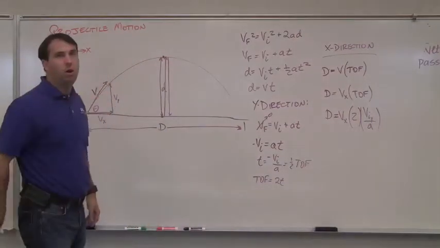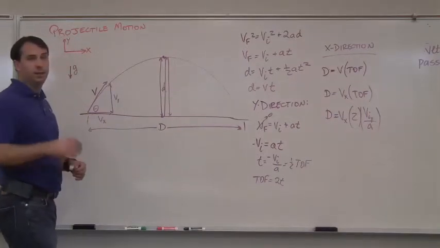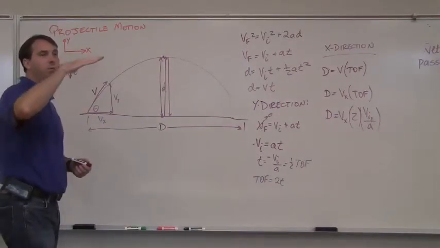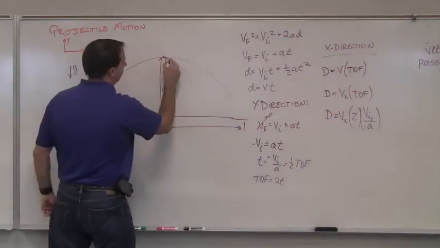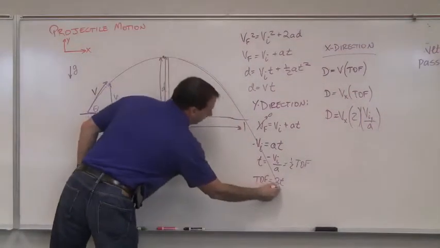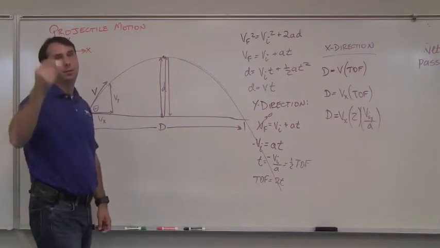And if the lander has not landed yet, if you're deploying from the lander while it's descending, the same thing applies. You just keep this going. Okay? So your time of flight will not be the same going up and coming back down.